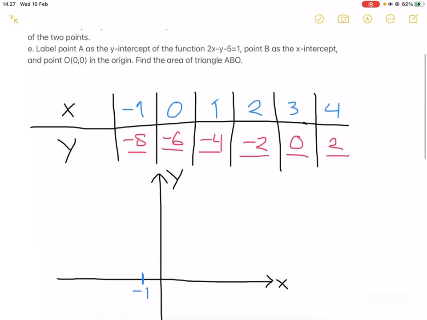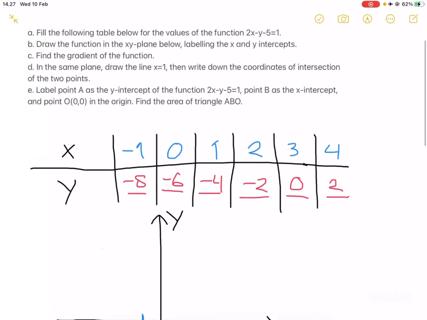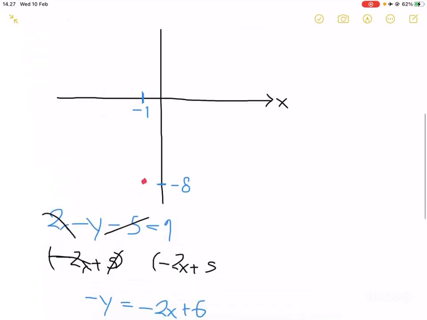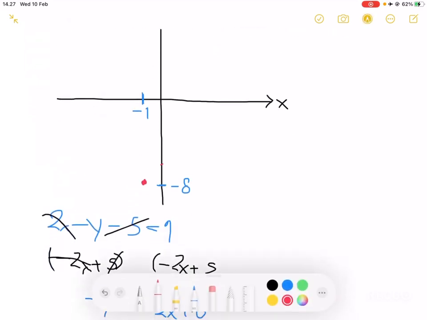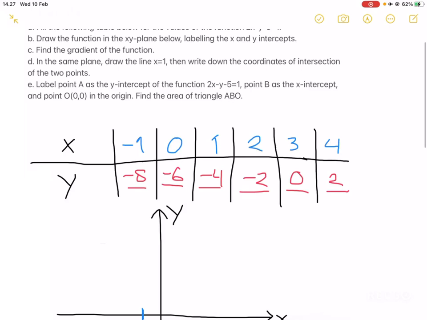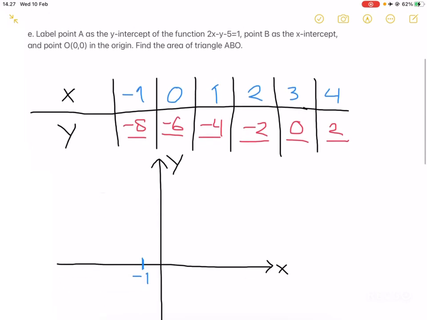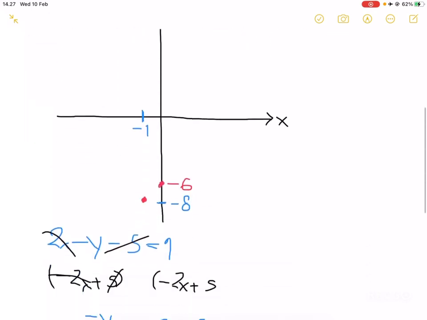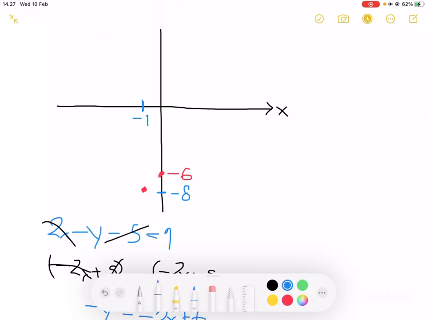And then we have our y-intercept at negative 6, and then we should probably label that. There we go. And then we have 1 comma negative 4 for the next point. Negative 4 somewhere right here.